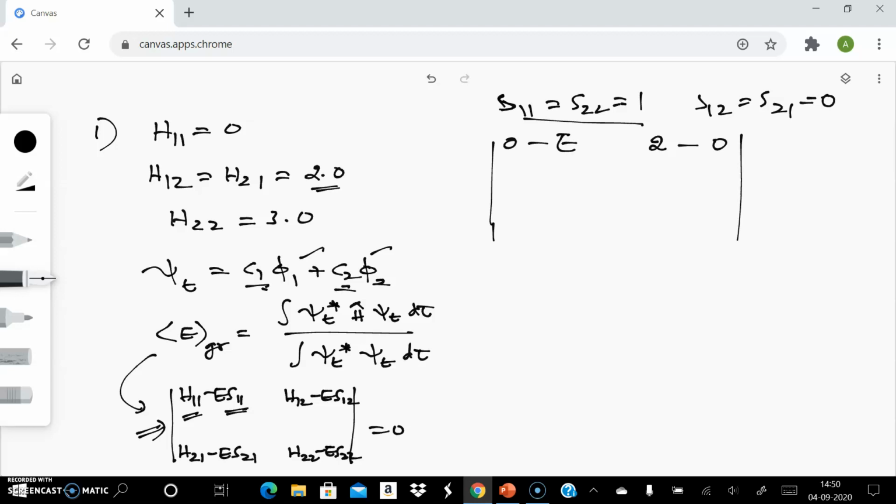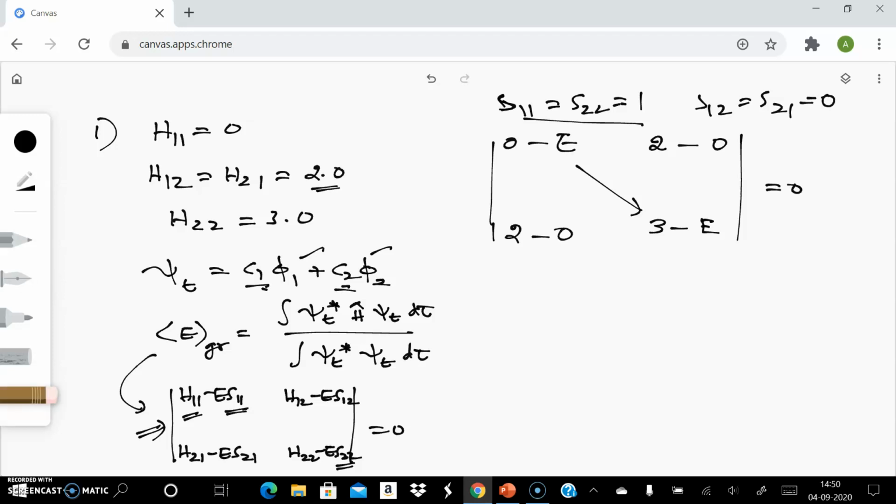Then here H21 value is 2 minus S21 is 0, so this part becomes 0. Then here H22 is 3 minus, since S22 is 1, into E is E, equal to 0.